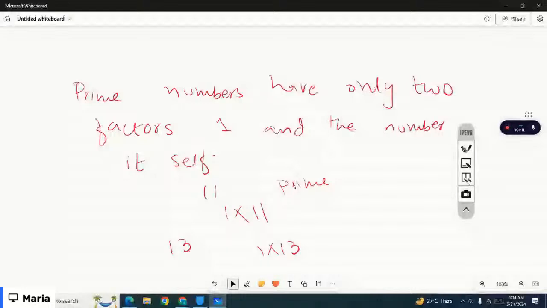Now let's check 12. 1 times 12 is 12. Any other numbers that when multiplied make 12? Yes, 2 times 6 is 12 and 3 times 4 is 12.